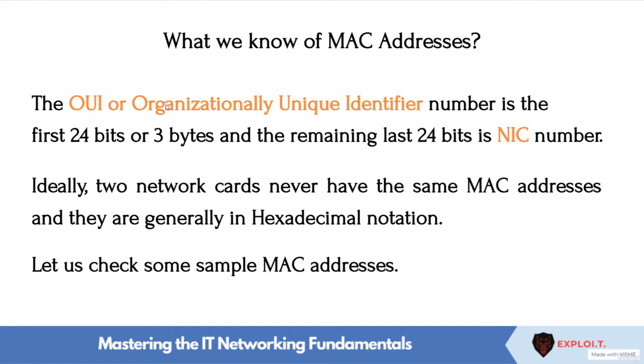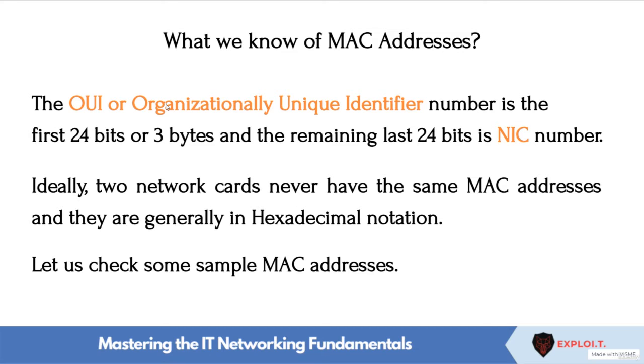So in simple terms, the OUI tells you which organization or manufacturer has produced the network card inside your device. It can be Intel's, Samsung's, Cisco's or Dell's or any other vendor that is publicly available for network cards. The second part is the network interface controller part, or the NIC.